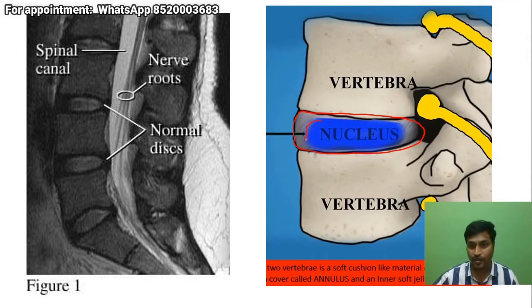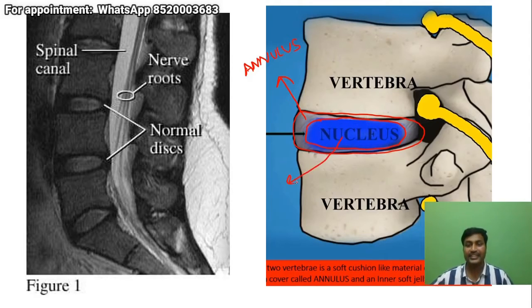It has an outer component which is like a covering, just like a pillow on your sofa. The sofa has an outer leather covering, and inside you will have cotton or sponge or whatever it be. The outer covering is called annulus. The inner layer looks like sponge or gum, whatever you call it.